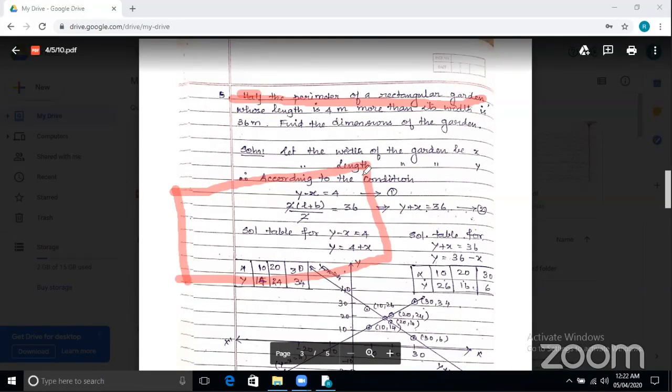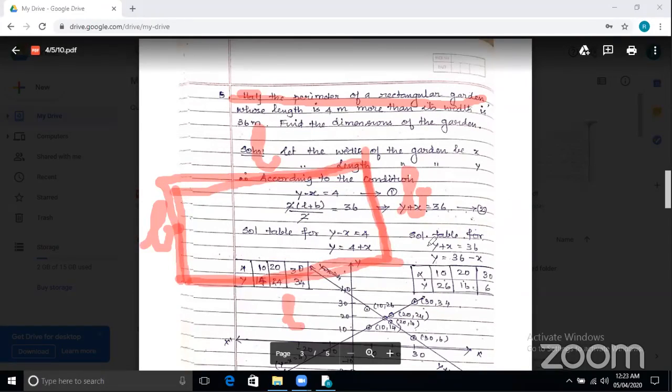What is the perimeter, by the way, for a rectangle? 2 into L plus B. This is L. This is B. This is also L, and this is also B. Therefore, the perimeter is 1L, 1B, second L, second B. That is the perimeter.